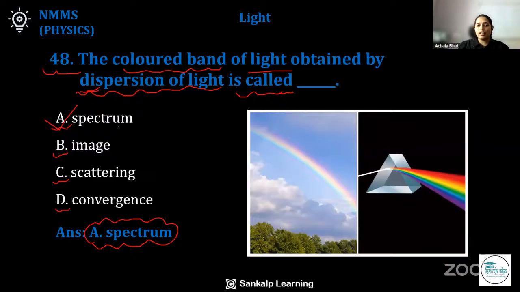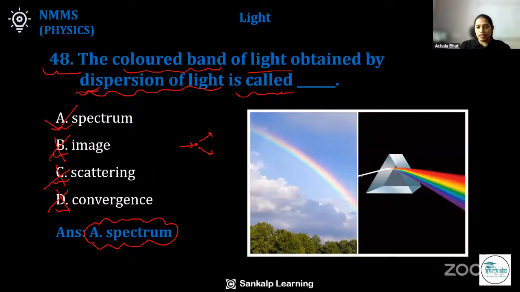The image, no, image is wrong. Scattering means deflection of light rays when they collide with some particle. D, convergence. Convergence means intersecting of light rays. This is wrong. Correct option is option A, spectrum.